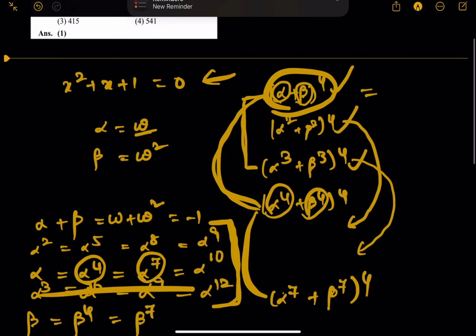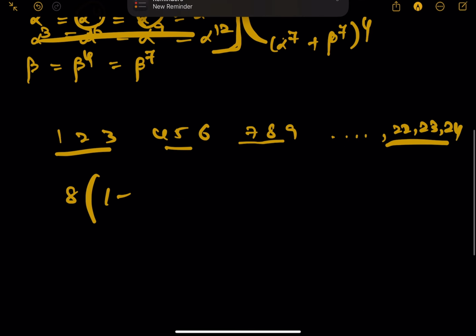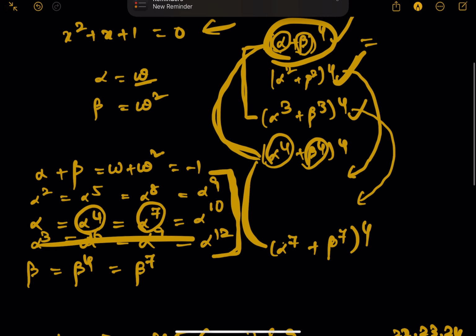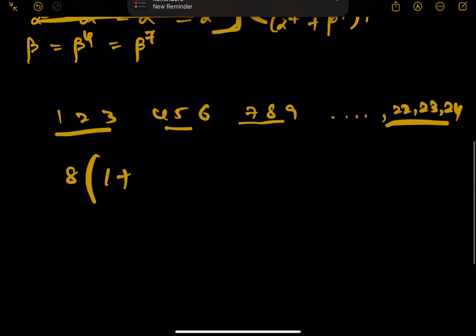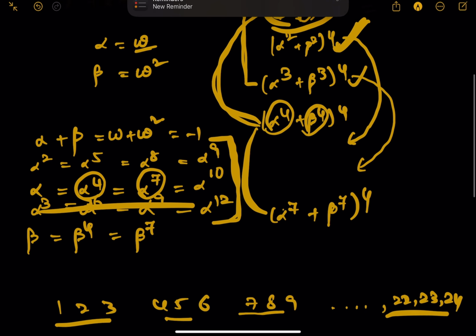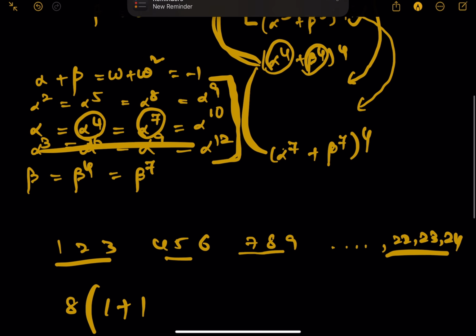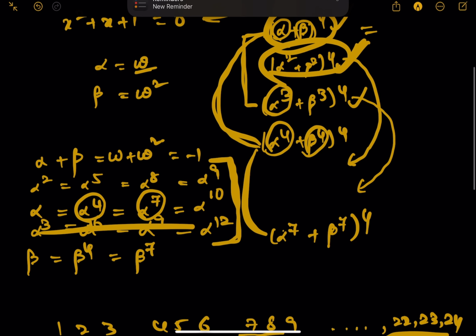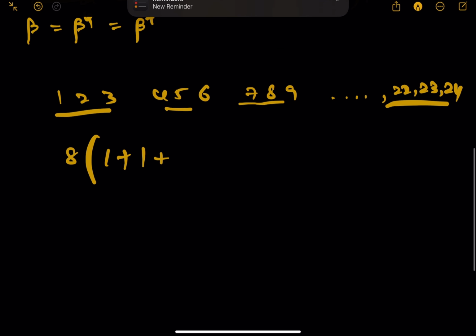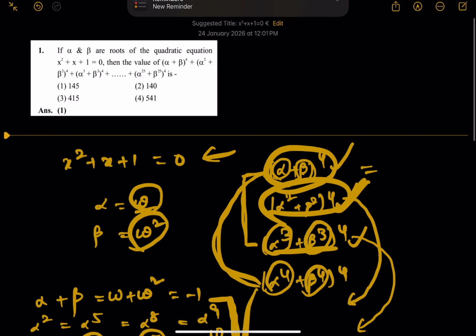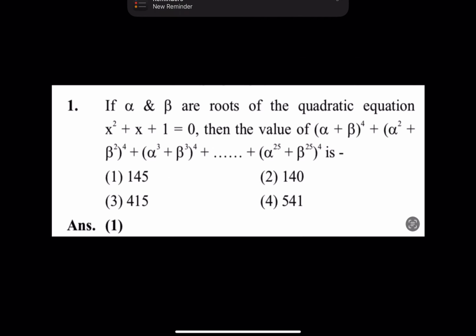Here you will get -1, so that will be 1, plus here also you will get -1, -1 whole power 4 is 1. So here you will get alpha cube is omega cube, that is 1, beta cube is omega power 6, that is 1, so it is 2 power 4, so plus 16. So you are done till alpha power 24 plus beta power 24 whole power 4.